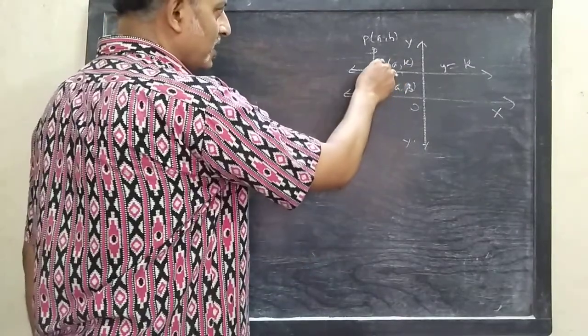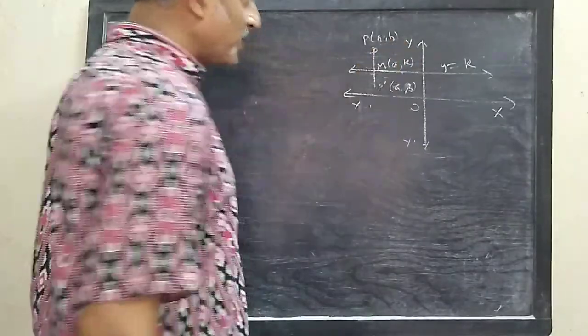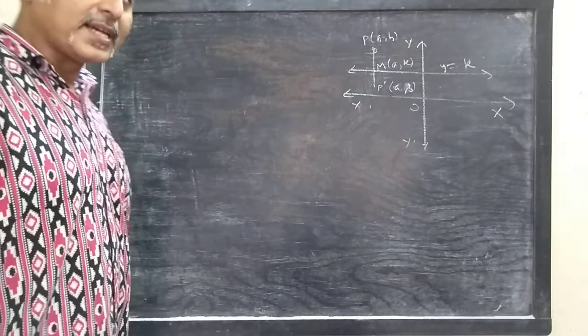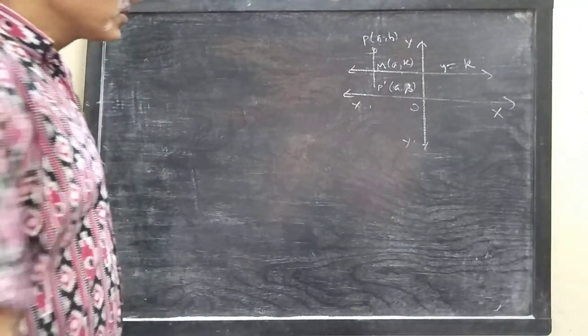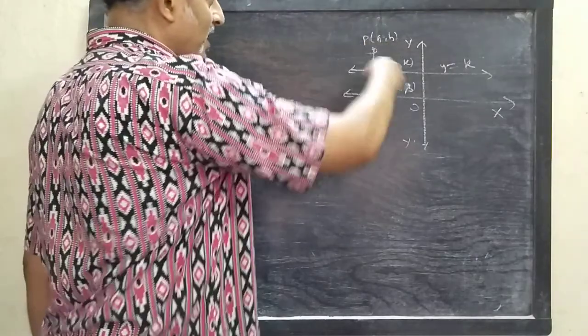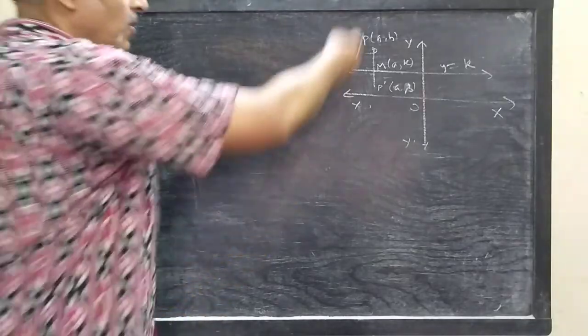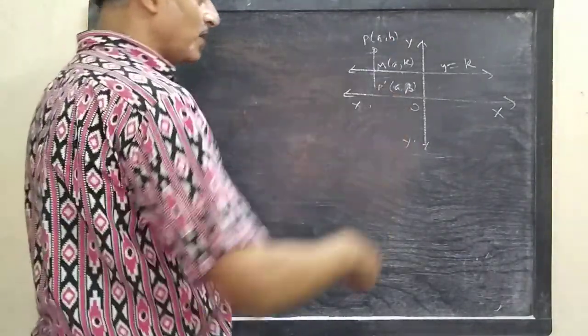Why abscissa is a? Because the point M is at the same distance as P from y-axis, and you know distance of a point from y-axis is the abscissa of the point. So as P, M, P dash are at the same distance from y-axis, all the points have the same abscissa A, but their ordinates will be changed.